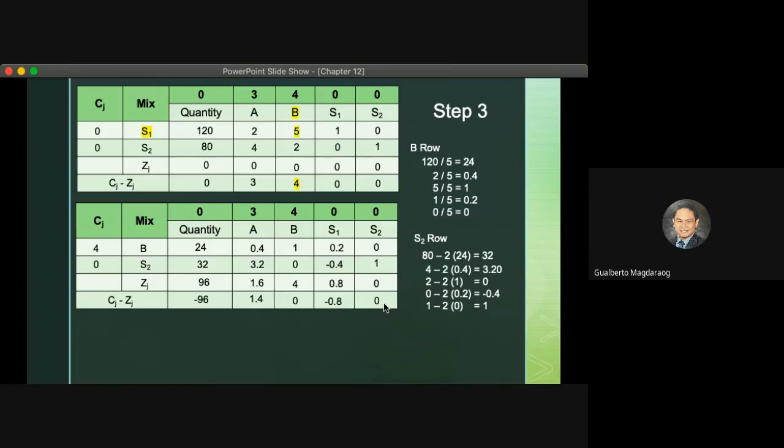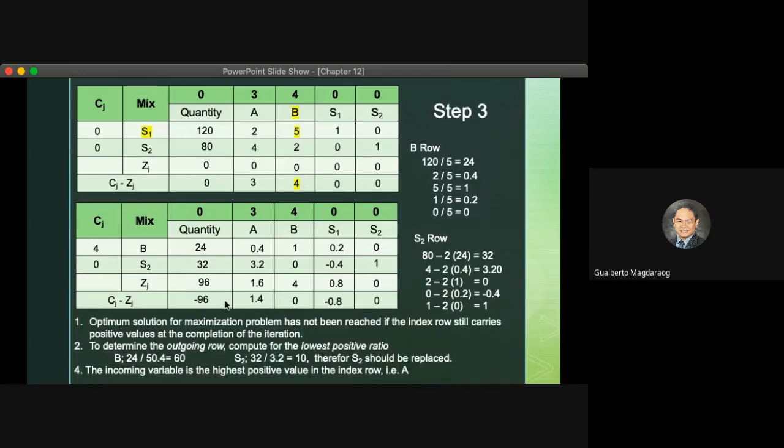And then you apply again our rule whether there is still a positive value in the index row. If there is still, then we will not be able to compute yet the maximum combinations of units to get the maximum contribution margin.